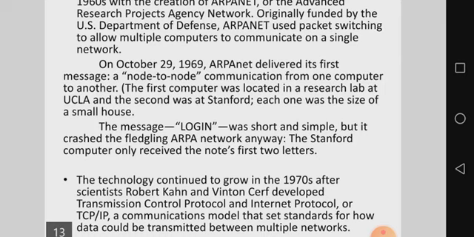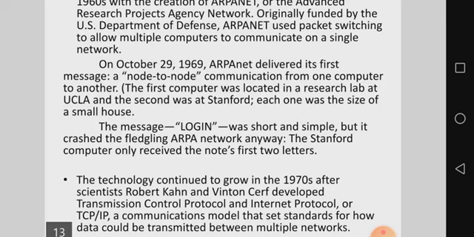So you can understand how they established a network between universities where each of the two computers was the size of a small house.